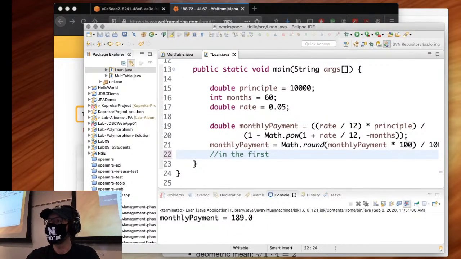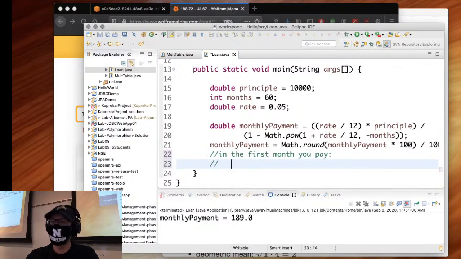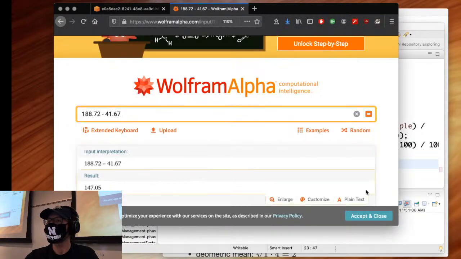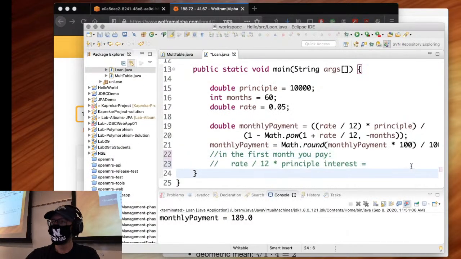In the first month, you pay rate divided by 12 times principal interest, which is going to be, what did we say it was? 41.67 in interest.